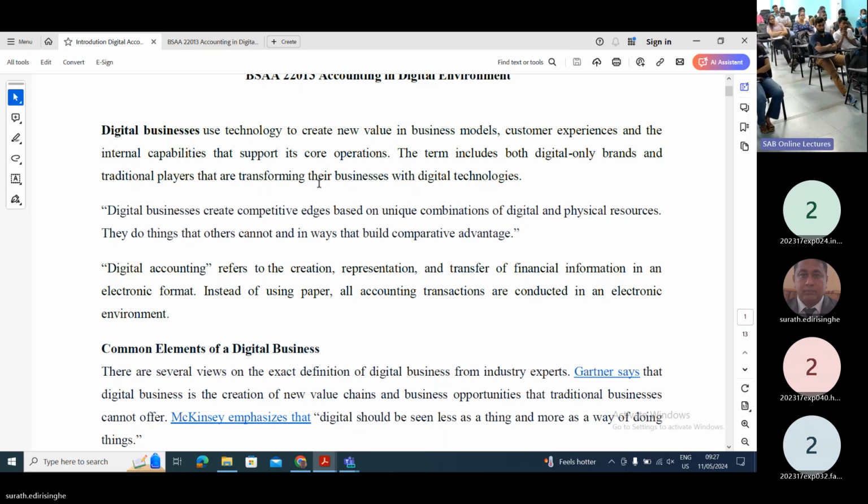Digital accounting. You know manual accounting. In manual accounting, we use ledger books, pen, pencil and calculators, calculate the amount and record it in your account book.